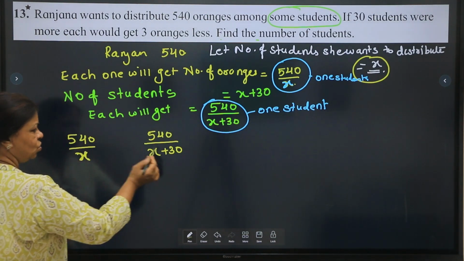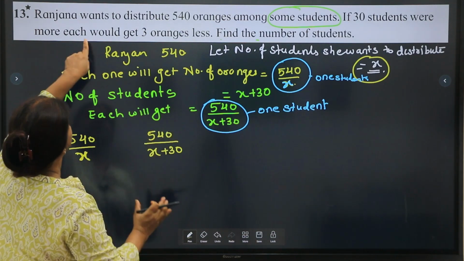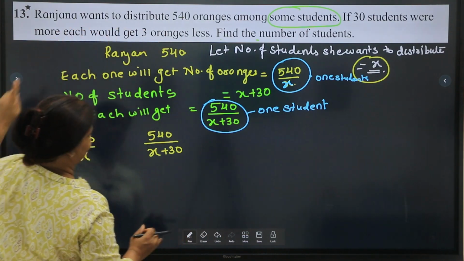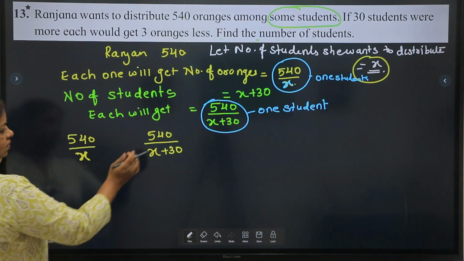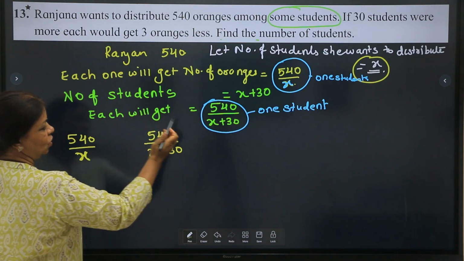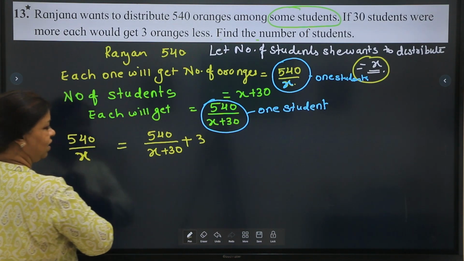Clear? So how can I make them equal? Here 3 oranges are fewer. Each would get 3 oranges fewer. Here one student will get 3 oranges fewer. So if I add 3, then this will be equal.